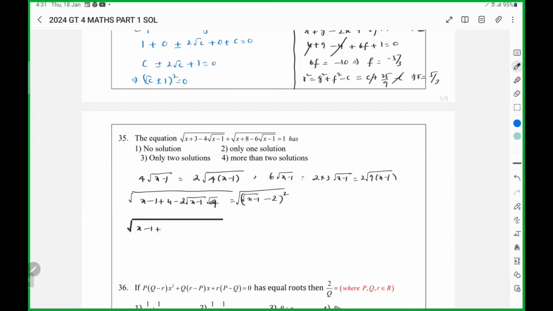This I will write 2 times root of 9 into x minus 1, root x minus 1 minus 3 whole square. So he said 1.